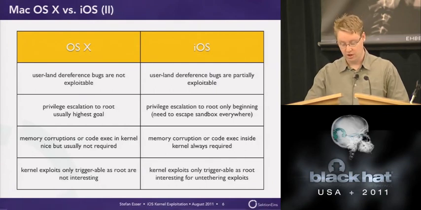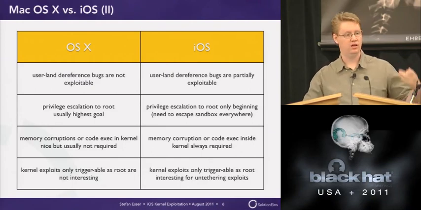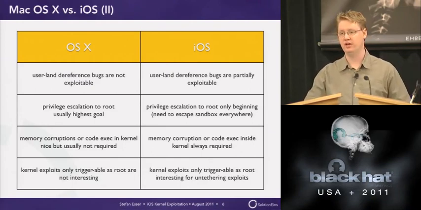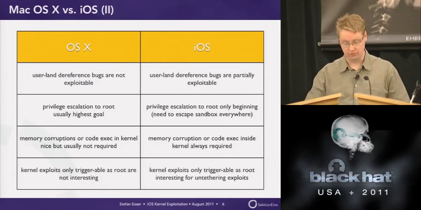So you don't care about this in macOS. But in iOS, these bugs are very valuable because you require them to stay on the device when it reboots. You need to be able to exploit the kernel from the boot chain, and at that time you are root, so you can use bugs that are only exploitable as root.